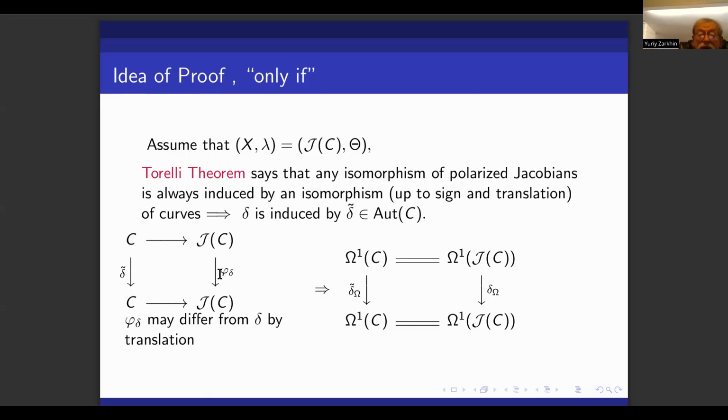Why not phi of delta omega? Because all the forms on the Jacobian are invariant under translation. So from the point of view of the action on the differentials of the first kind, it is the same as our delta. Okay, so we have this commutative diagram.